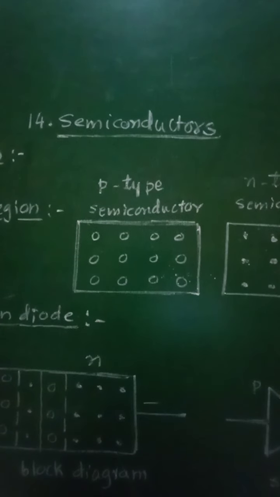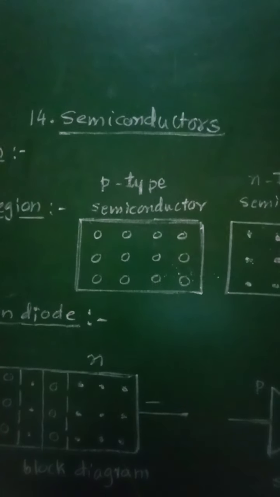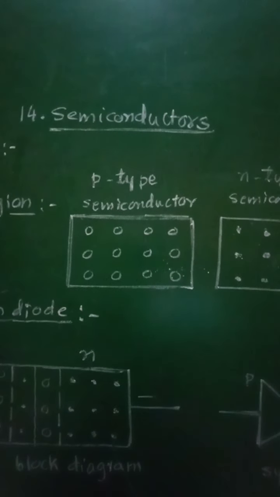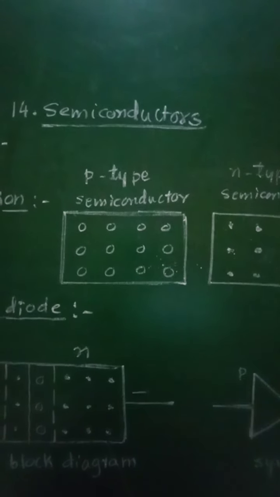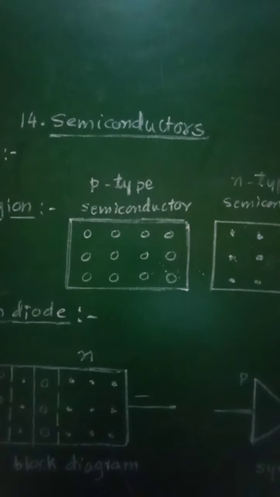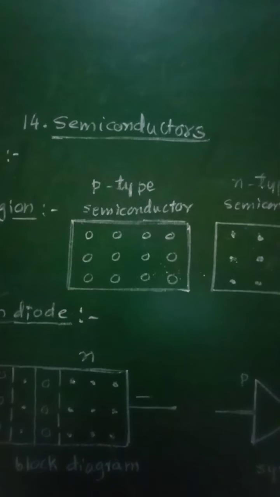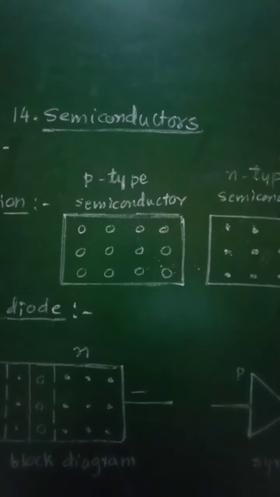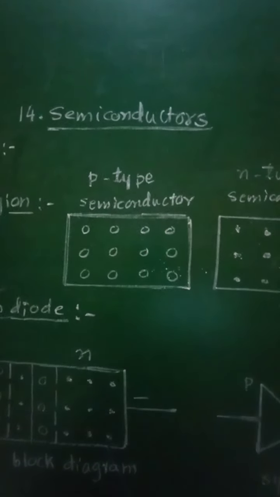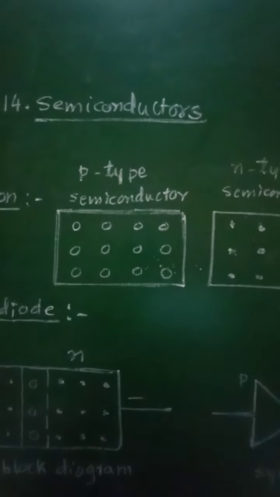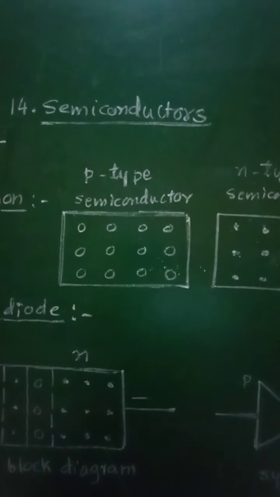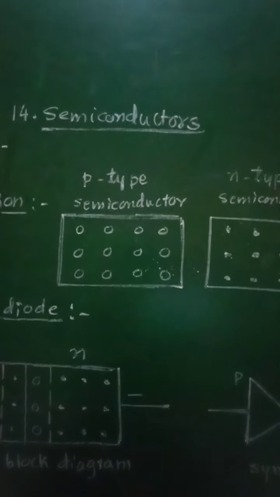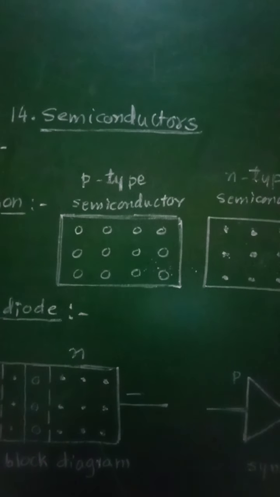As the density of carriers on both sides, that is on the p side and n side, is different, a large density gradient exists on both sides of the p-n junction. So there will be a large difference between the density of the carriers on both sides of the junction.